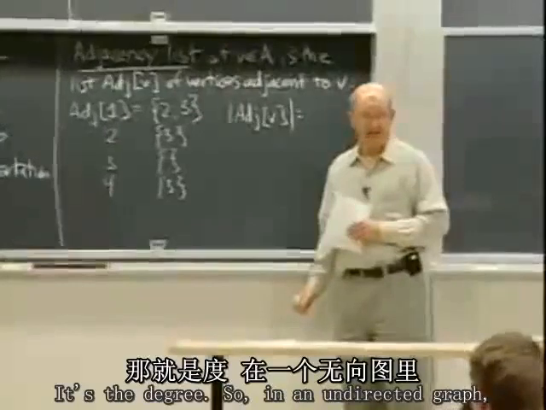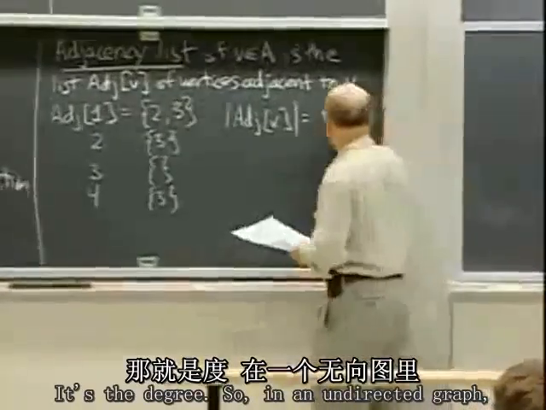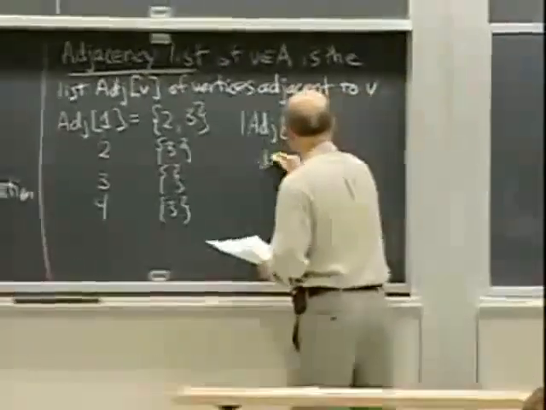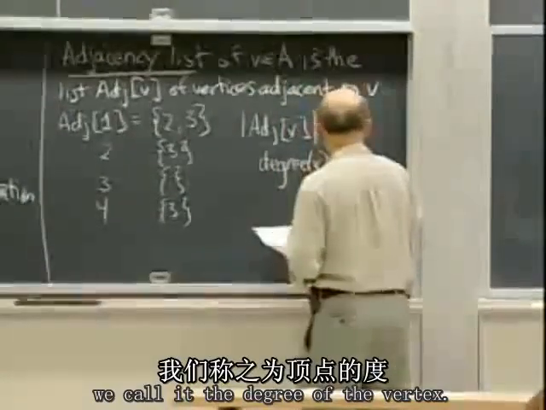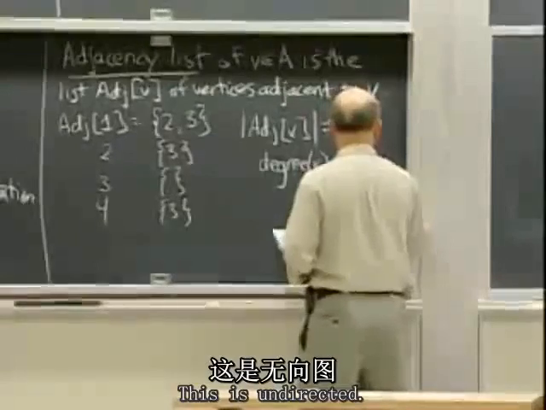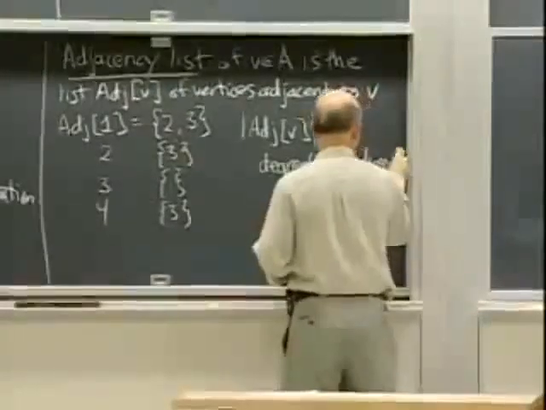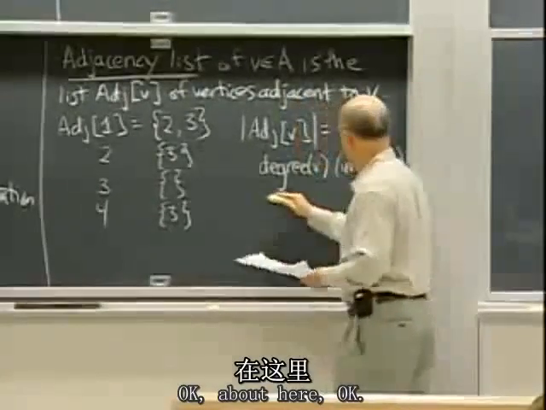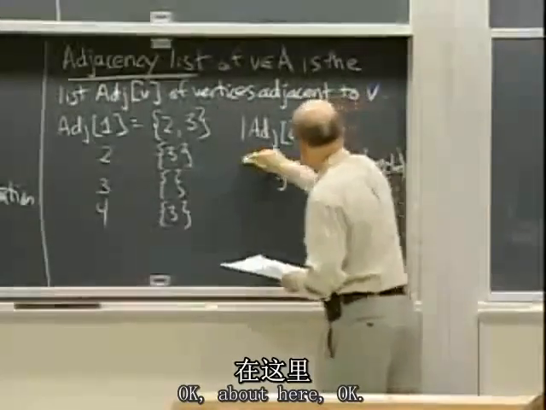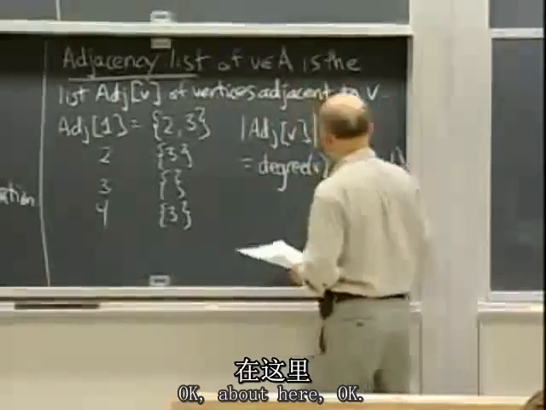It's the degree. So in an undirected graph, we call it the degree of the vertex. This is undirected. Put that here. So that's in an undirected case.